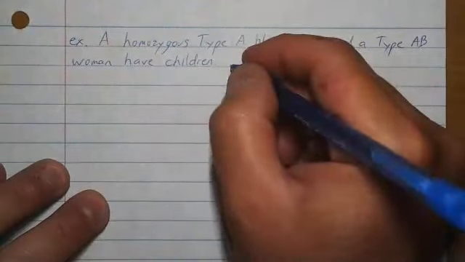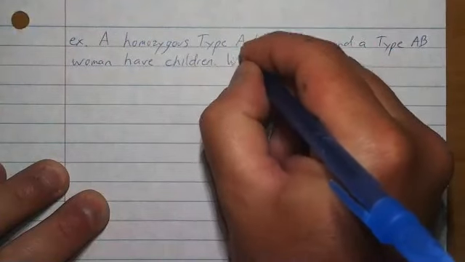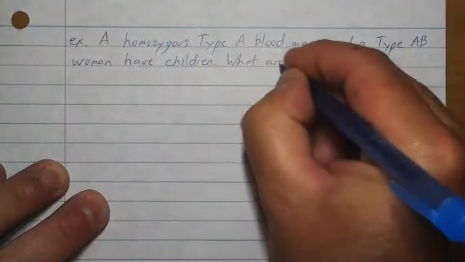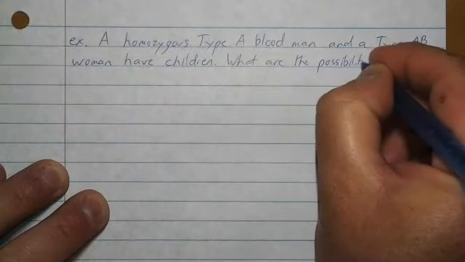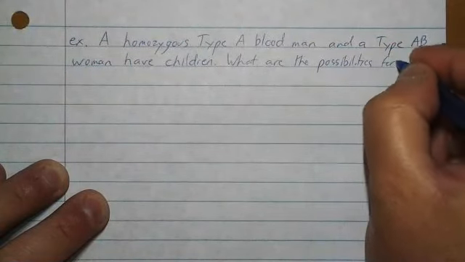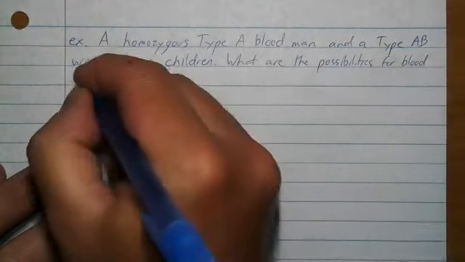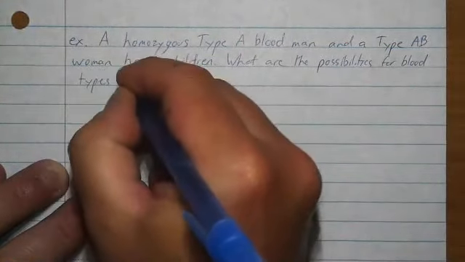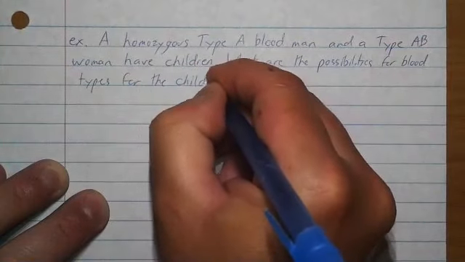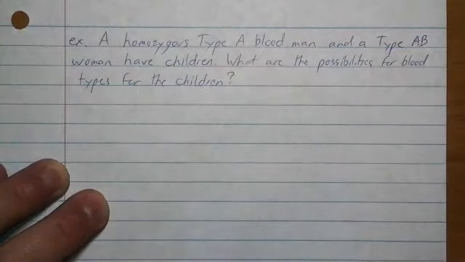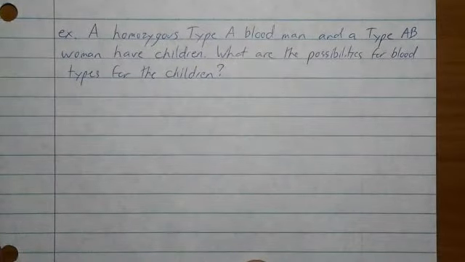What are the possible blood types of the children? Now we don't know what they are, so we've got to figure out the probability, the possibility.